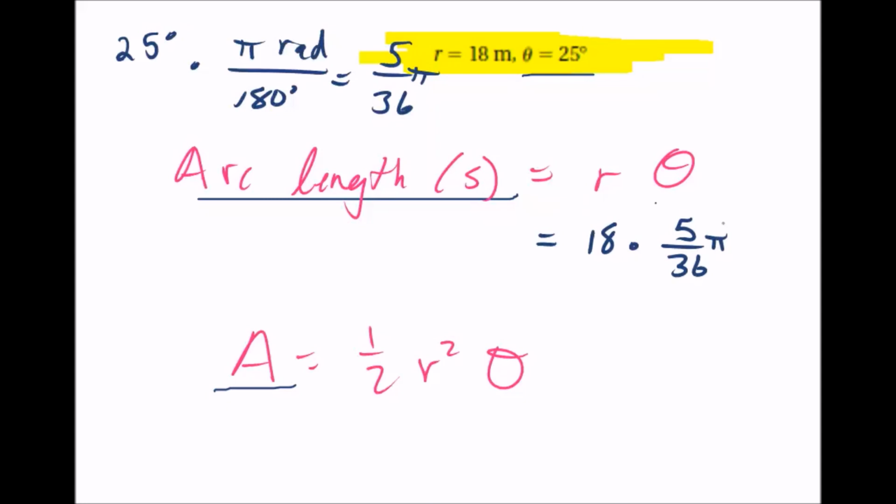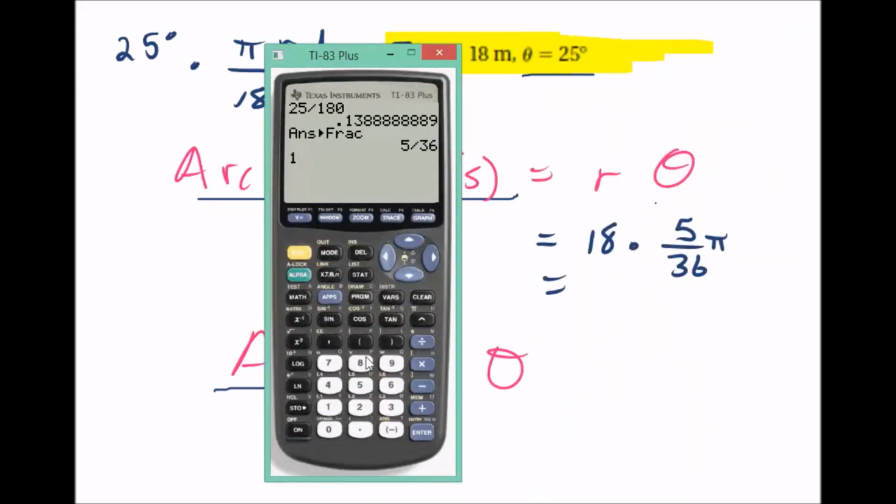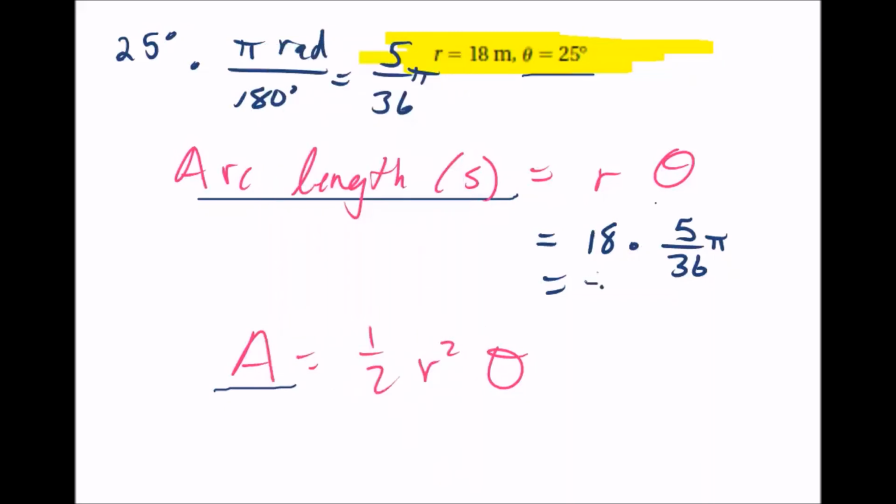It doesn't matter if that pi is out front or on top, it's the same exact thing. Arc length is going to be 18 times 5 pi divided by 36, 7.85, and that will be in meters.